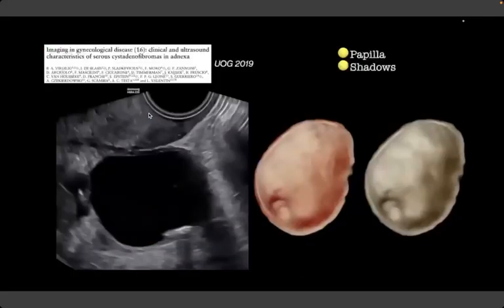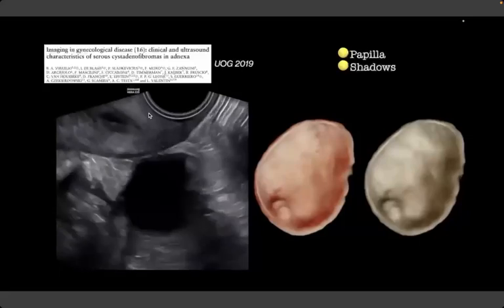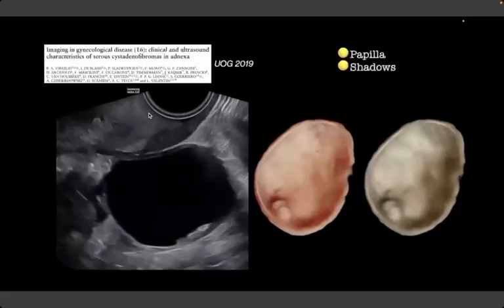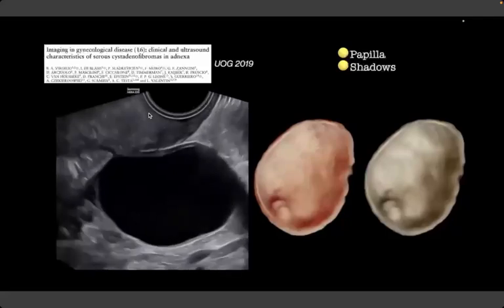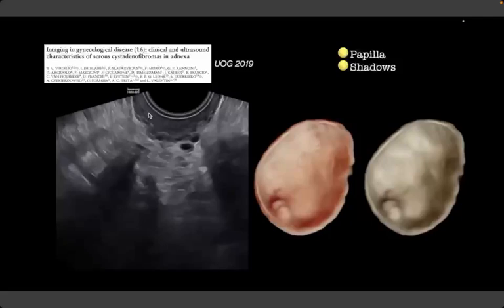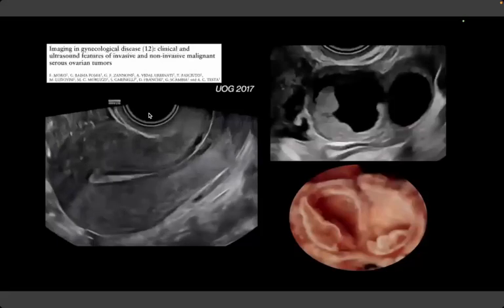In this first case, we see a unilocular solid cyst with anechoic content and a non-vascularized papilla with posterior shadowing. This appearance is typical of cystadenofibroma, which presents with a hard papilla, generally color score 1, with posterior shadowing.